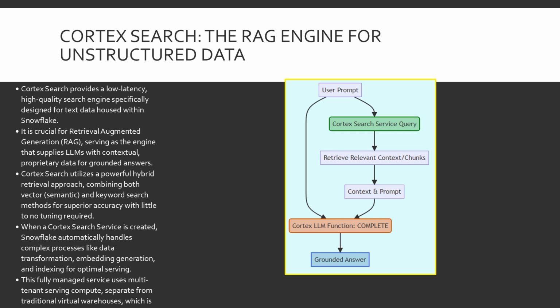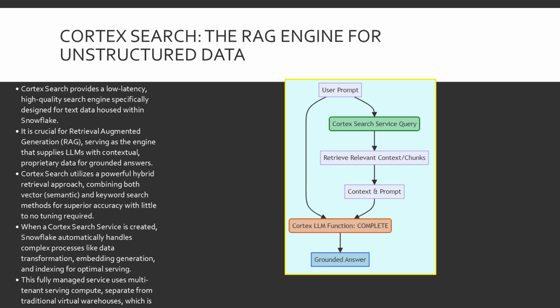This diagram illustrates the Retrieval Augmented Generation, or RAG, architecture enabled by Cortex Search. The process begins with the user prompt, which is sent to two components simultaneously. First, it goes to the Cortex Search service query, which performs a semantic search over indexed unstructured data to retrieve the most relevant context or documents.